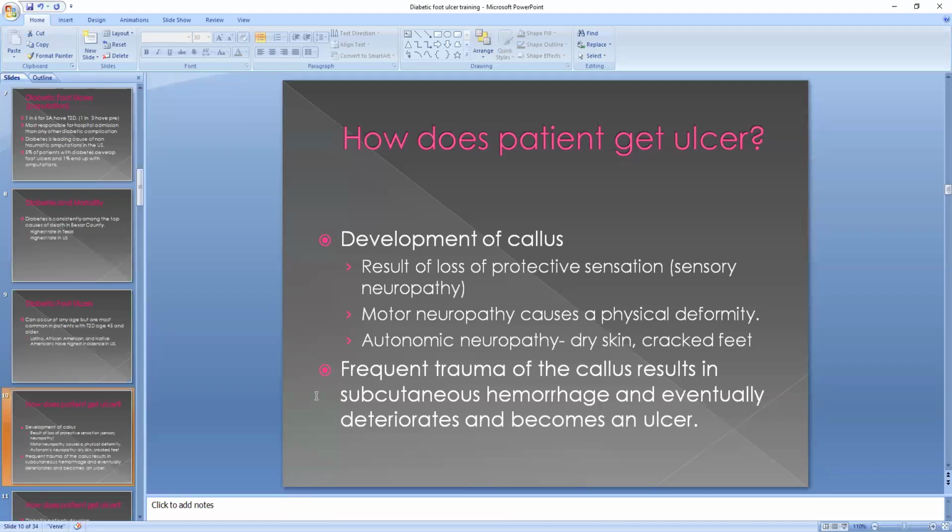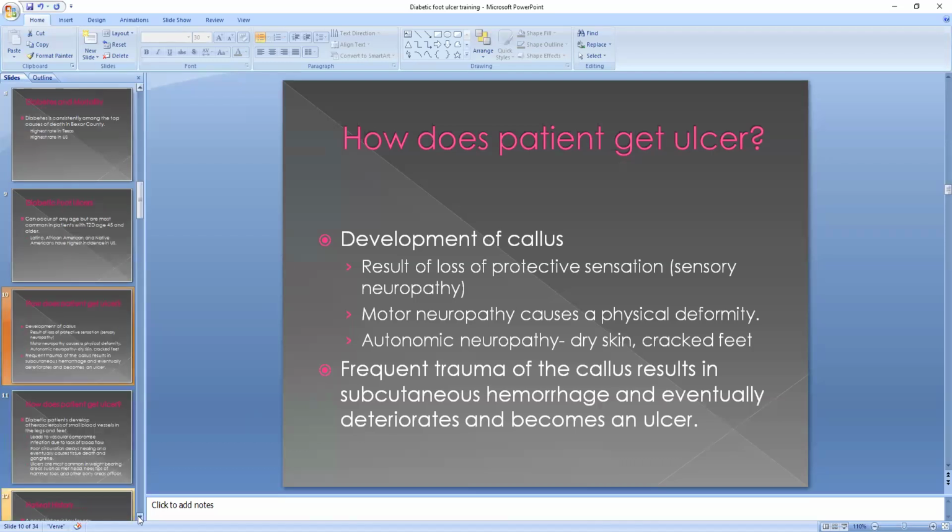Patients walking around don't have protective sensation, and they have bony areas on their foot, so they're rubbing the foot, and then the skin becomes dry and cracked, and the feet start to crack and peel. So a callus starts to form like a little foreign body, and that causes subcutaneous hemorrhage and eventually deteriorates and becomes an ulcer, which opens up.